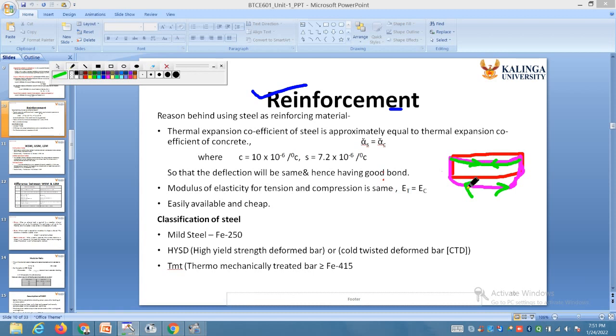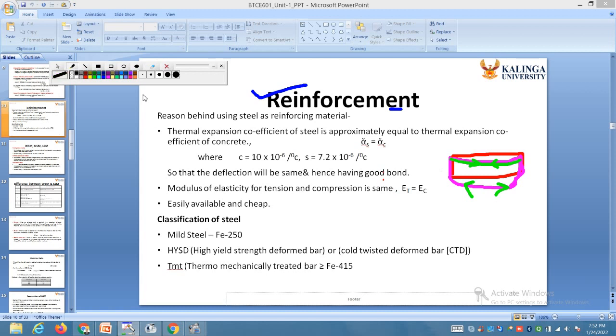So concrete, which is a combination of cement, sand, aggregate and water, can easily resist the compressive stresses, but it is very weak in resisting tensile forces, so it is very difficult for concrete to resist them.